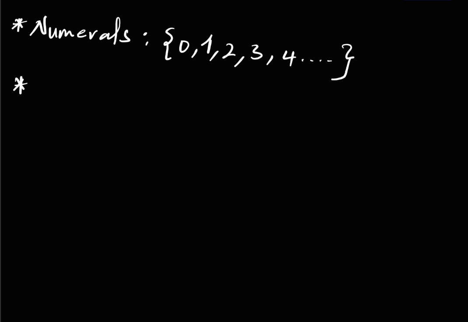Another type of numbers that we have are called counting numbers. Now these numbers are very similar to numerals. The only difference is that they do not have a 0 in them.